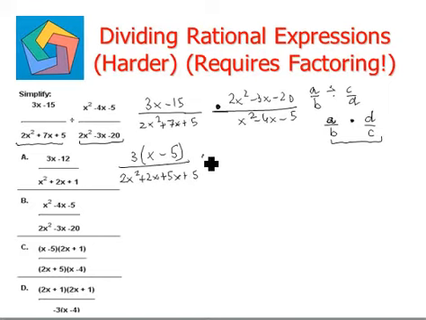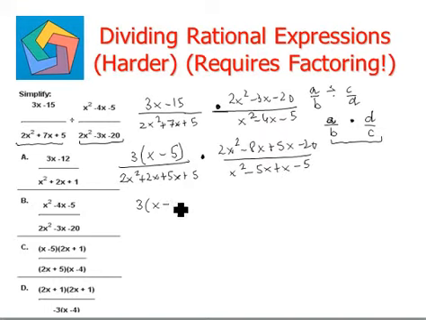Now again we use the split the middle term method: 2x squared minus 8x plus 5x minus 20, divided by x squared minus 5x plus x minus 5. So we write down the first numerator as it is.